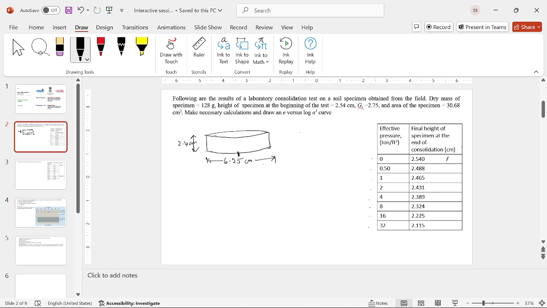Let's actually open an Excel sheet and try to plot this. What we need to do is make e versus sigma dash. Okay, let's open up an Excel sheet. And let us call it interactive session 8.